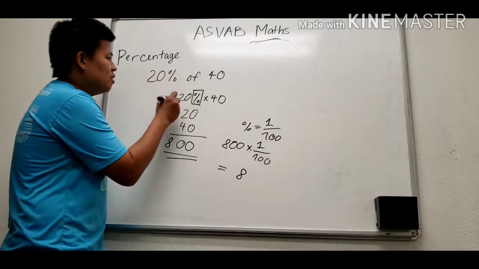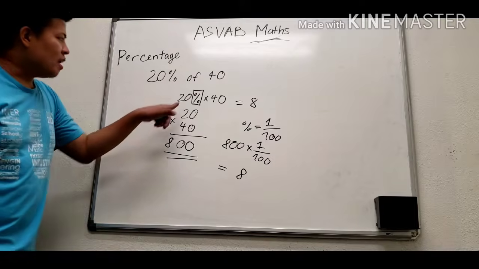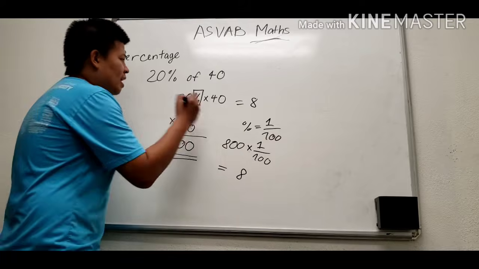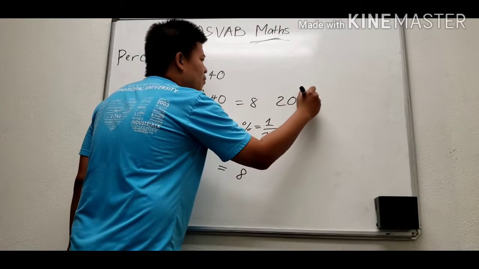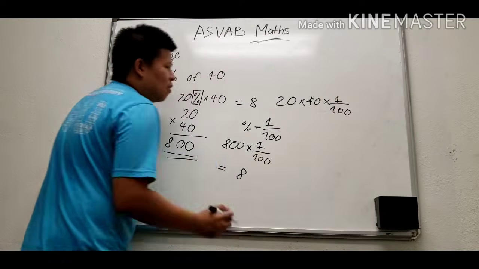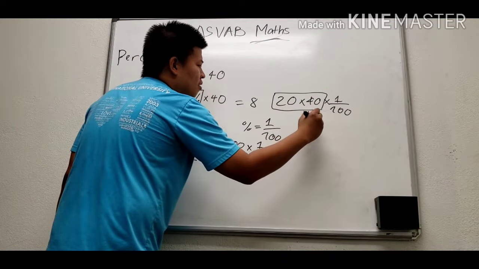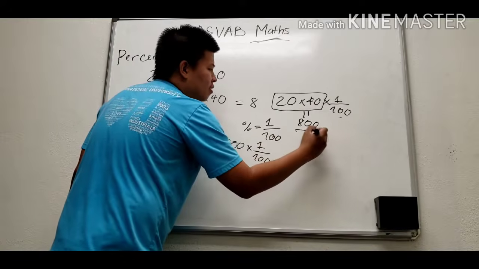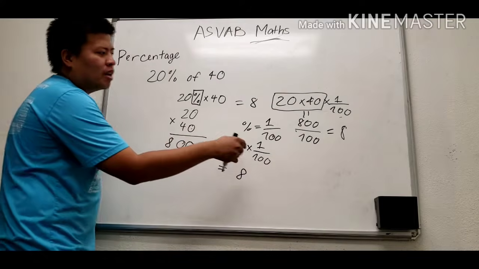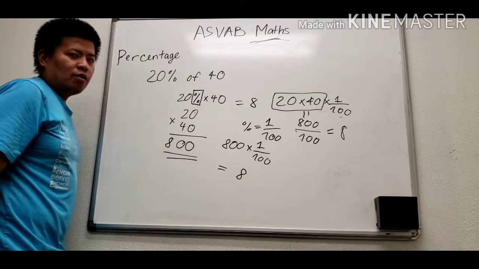So the answer for 20% multiplied by 40 is 8, because percentage is just like 1/100. 20 multiplied by 40 multiplied by 1/100. That's why we got 800, but we divide by 100, so after the multiplication we get 8. So that's the way we learn how to do percentage.